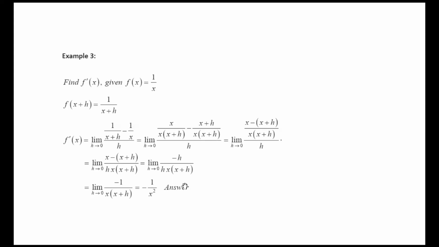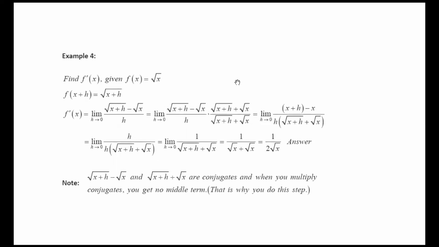That's our answer. So the slope of this graph is always going to be negative. And if you graph it, we're not asking you to, and we're not going to graph it for you, but I think you'll see why the slope is always negative if you look at the graph.